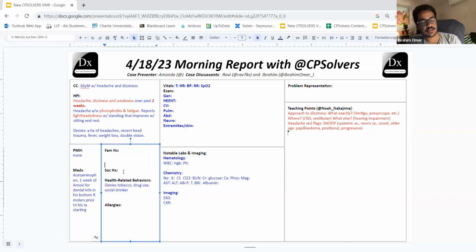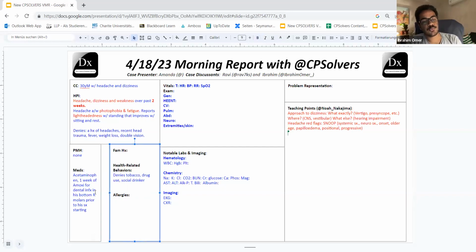But also, another interesting point is regarding the acetaminophen and its relation to headache. When they developed a headache, I'd assume that they took some acetaminophen. So Amanda, do you have any information on whether it resolved with that acetaminophen, or did it still persist with it?